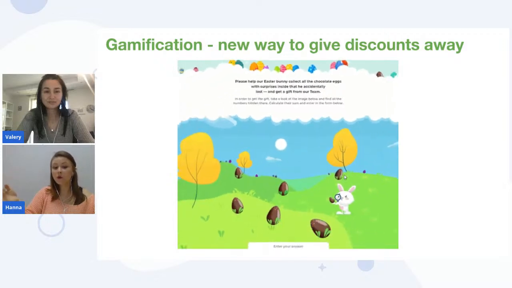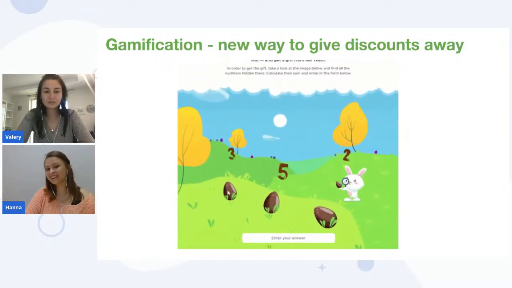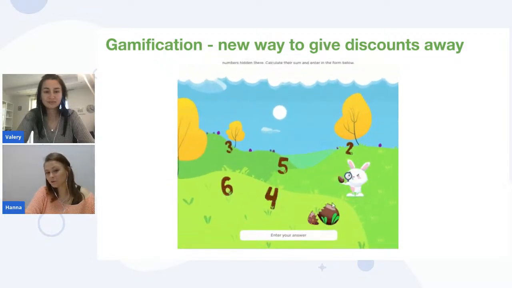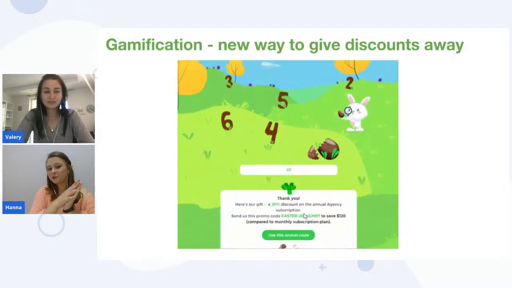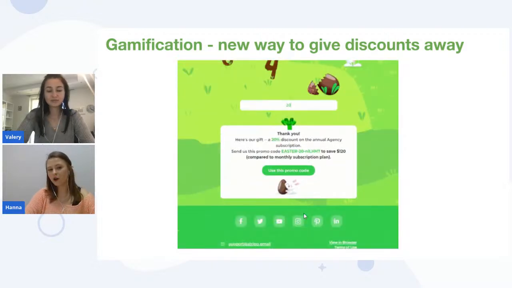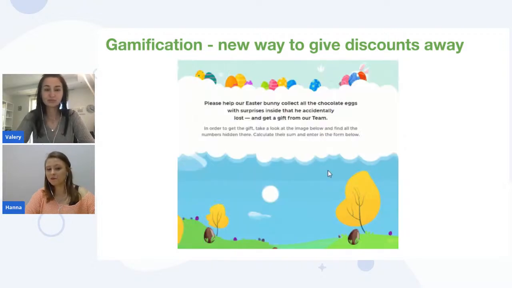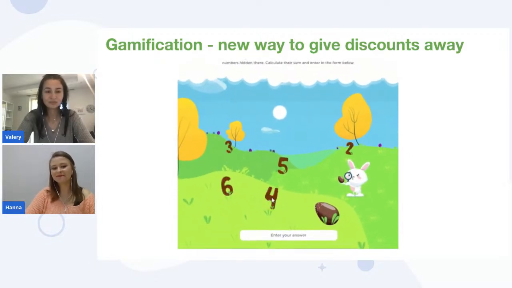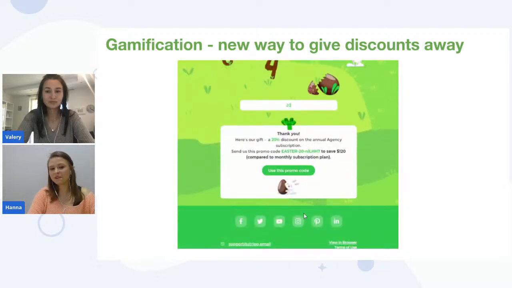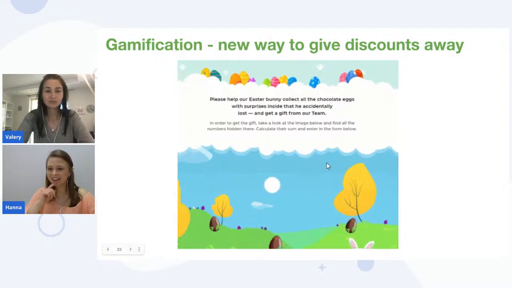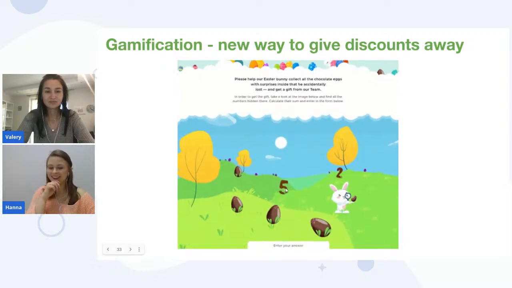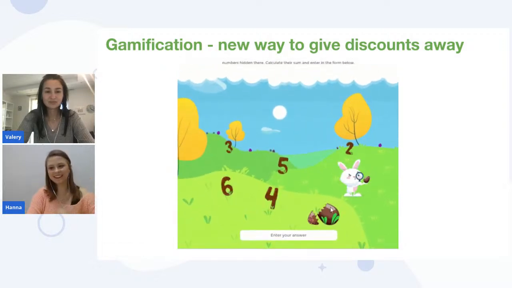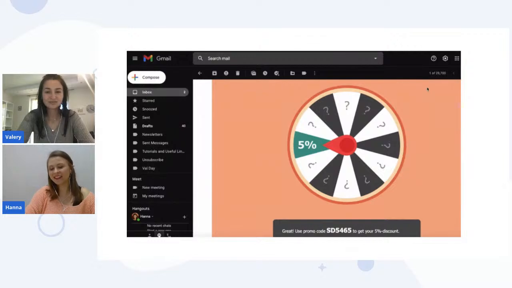And now when I see it, I just cannot stop playing with this. So this is an example of our Easter campaign. You could look for numbers in the eggs and count the sum, and that's how you would get the promo code. This is actually a really cool way to give a promo code, not just put it in the presentation as I did, but okay, let's go further.